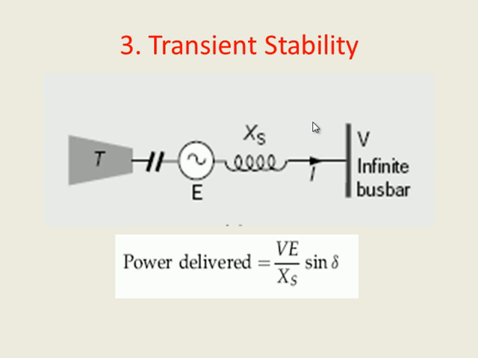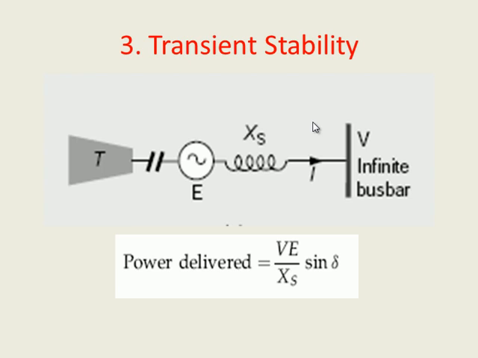As I already mentioned, if it is a symmetrical fault, it would be a total collapse. If it is an unsymmetrical fault, suppose a line to ground fault, then it would be a partial collapse of the bus voltage.